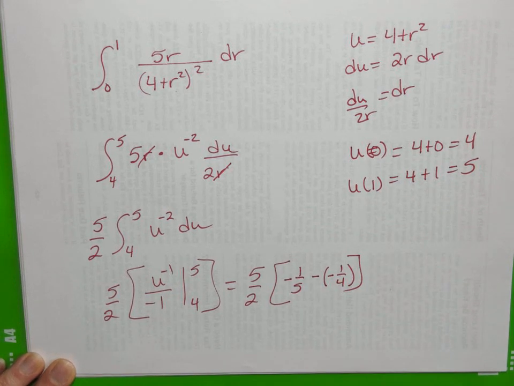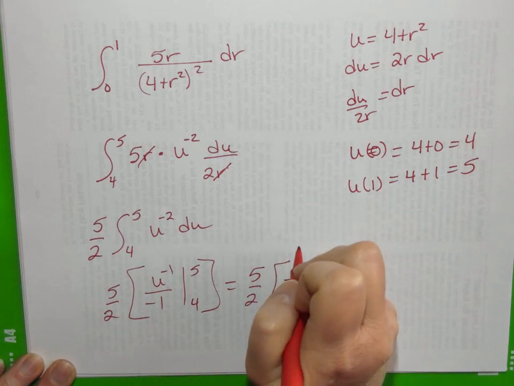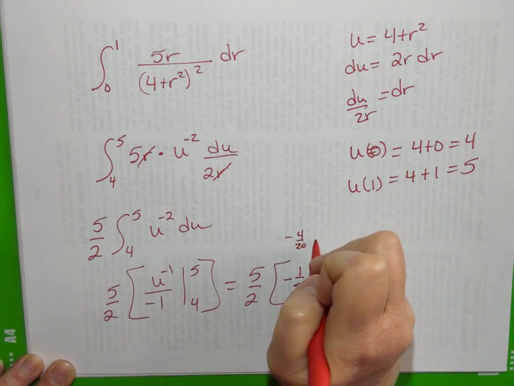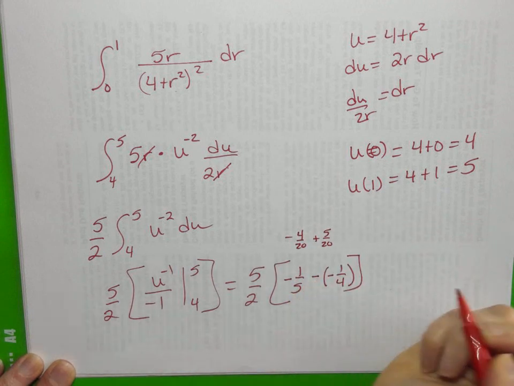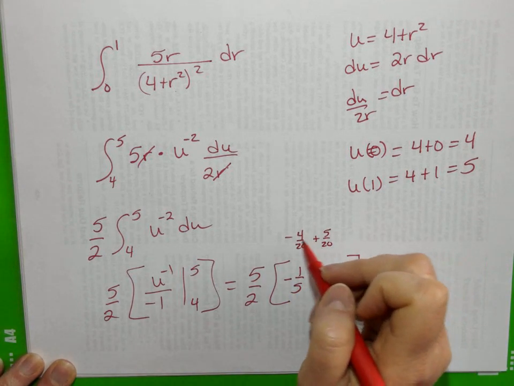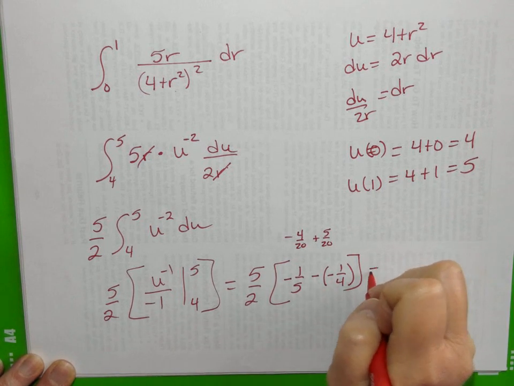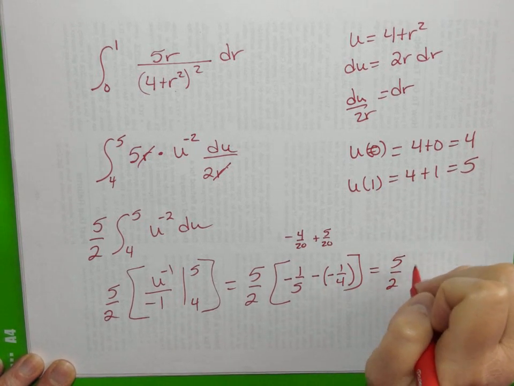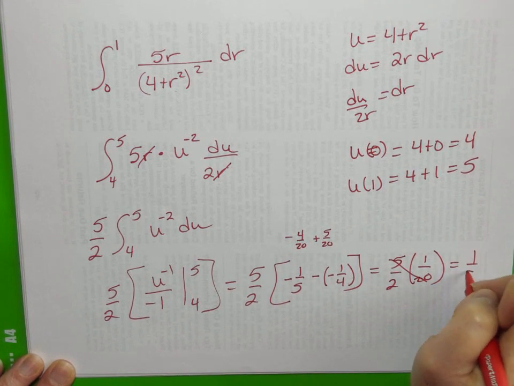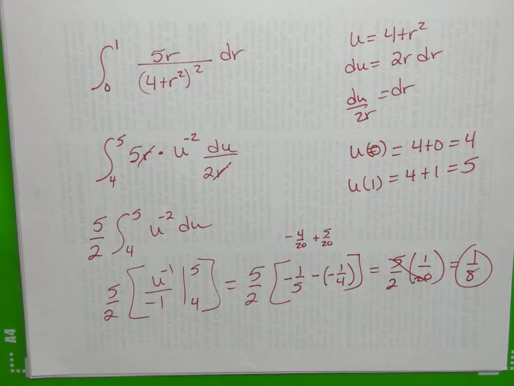So -1/5 plus 1/4, that would be 4 over 20 plus 5 over 20. My math is good here. That would be 1 over 20. 5 over 2 times 1 over 20 looks like 1 over 8. And that is the value we're looking for.